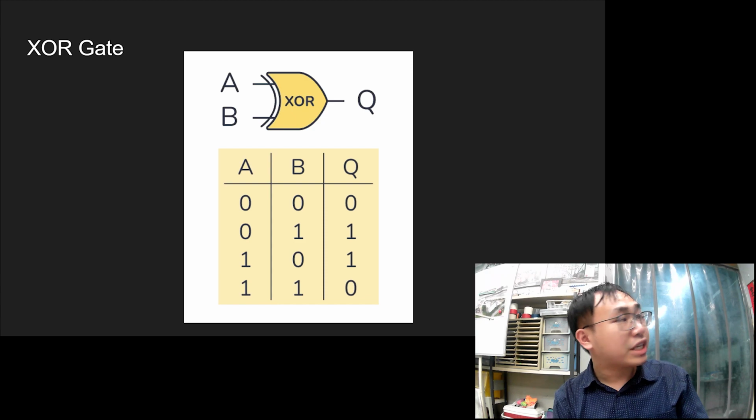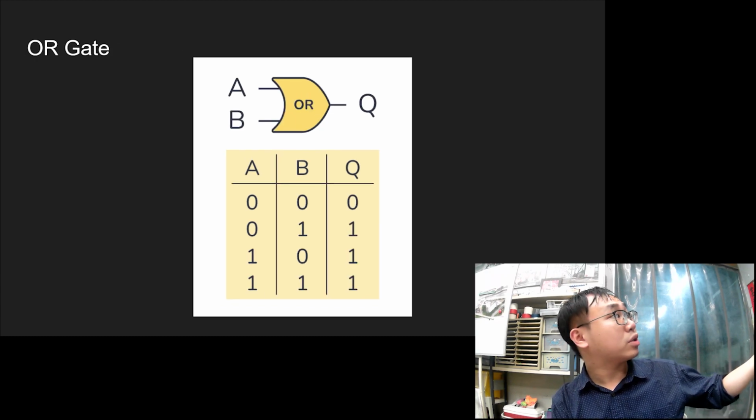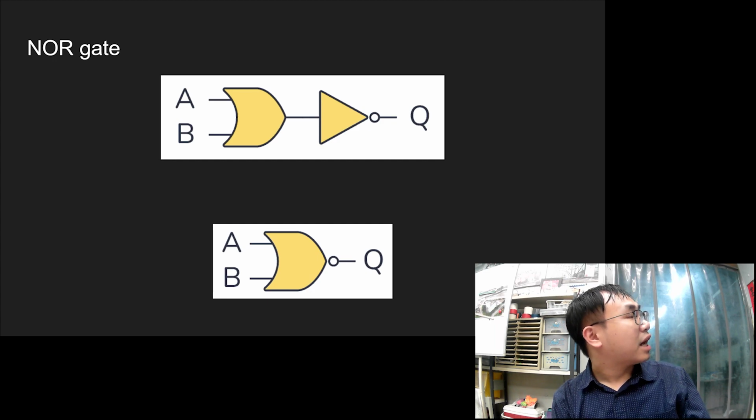Exclusive OR is very similar to OR, but when both A and B are 1, the output will be 0. It's only true when either A or B is 1. Exclusive OR is used in mathematics many times, especially for cryptography. I'm not going to go through it.